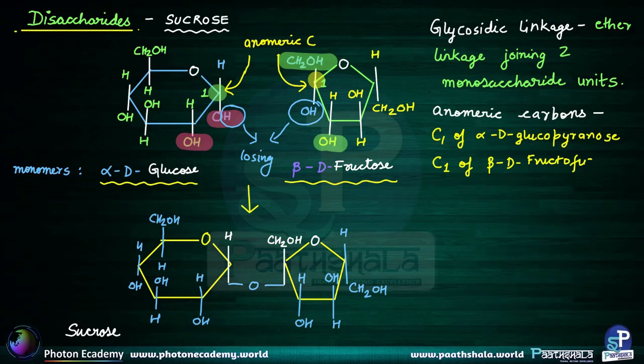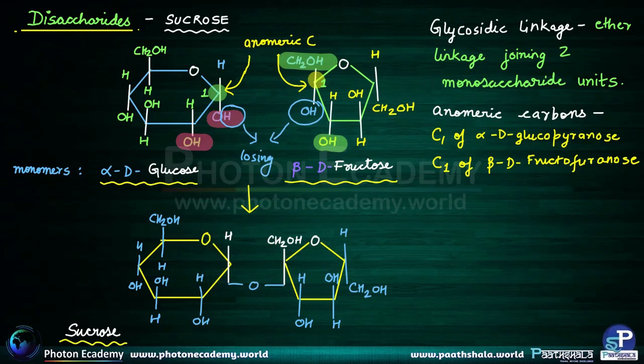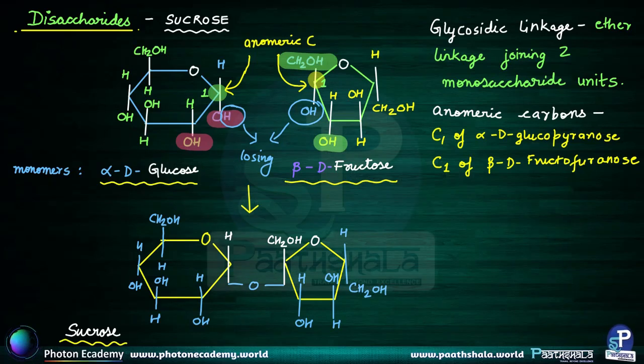Now, why are we highlighting these two anomeric carbons? Because when sucrose is being formed, these two anomeric carbons are being lost. As you can see, these two will no longer behave as anomeric because now we have lost their respective H and OH, and now they cannot interconvert and show the properties of anomeric carbon.